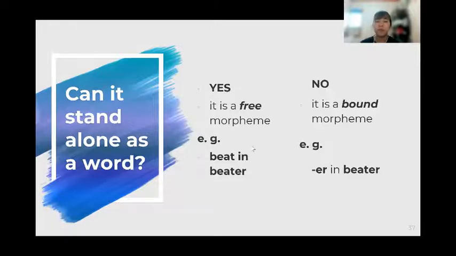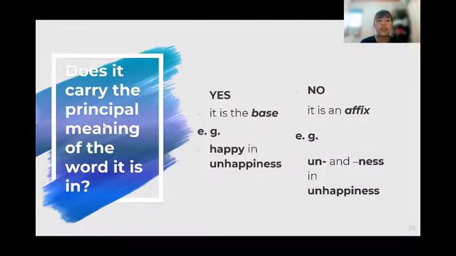So for example, if you say I beat the eggs using a fork, beat has meaning. It's an action, the beat, for example. So can it stand alone as a word? If the answer is yes, it's a free morpheme. Can it stand alone as a word? If the answer is no, then it's a bound morpheme. So does it carry the principal meaning of the word it is in?